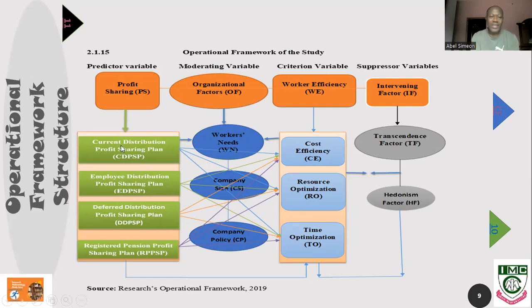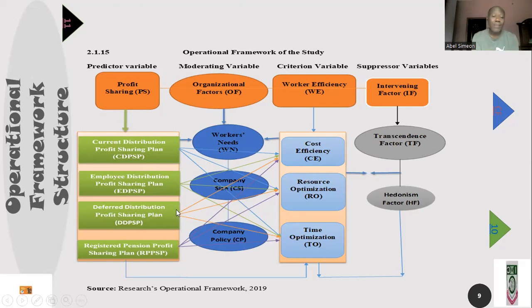In this very instance, we have the four types of profit sharing methods. Which of them is best for the company? Then you use multiple regression analysis. You link each of these measures to all of the dimensions at the same time.